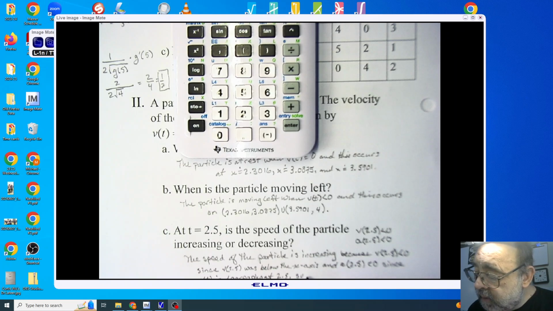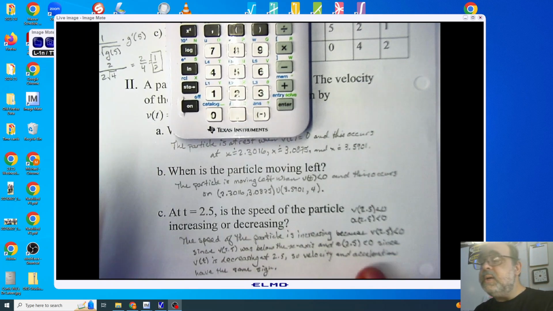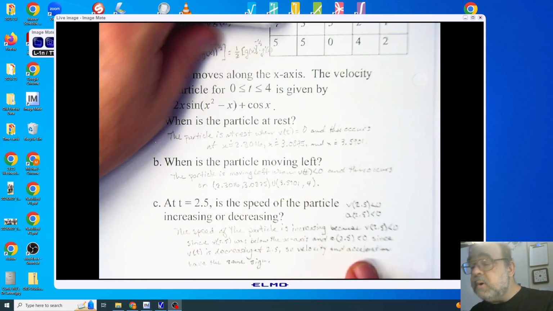So velocity and acceleration, and I could have put v of t and a of t, have the same sign. And there we go. There is my answer to all 3 of those questions.